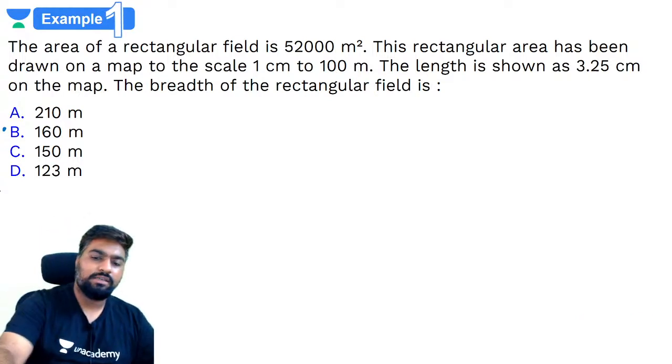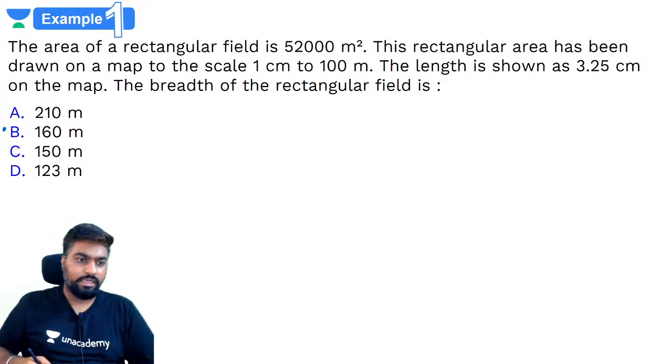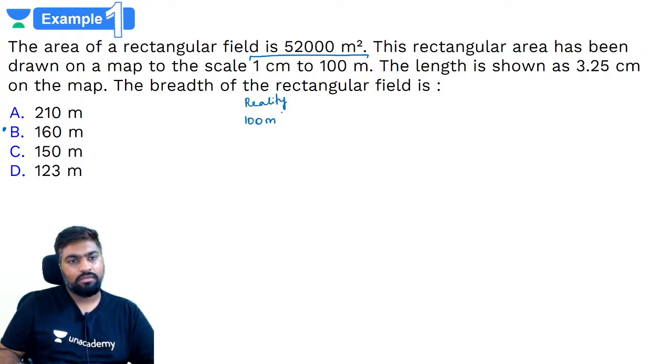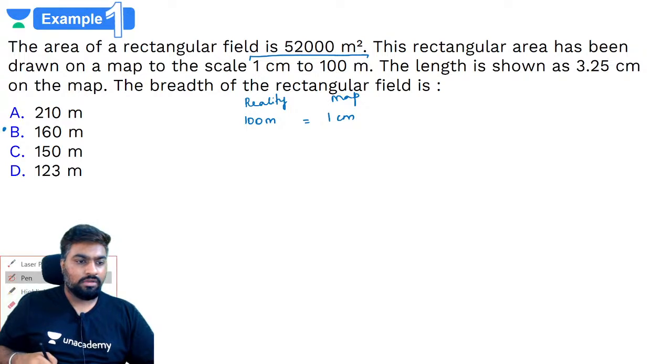तो ये बहुत ही इजी क्वेश्चन है, राइट? The deal here is with scale. स्केल क्या दिया हुआ है कि 1 सेंटीमीटर to 100 meters. That means 100 meters in reality is 1 centimeter on the map. है ना? So now what are they saying?